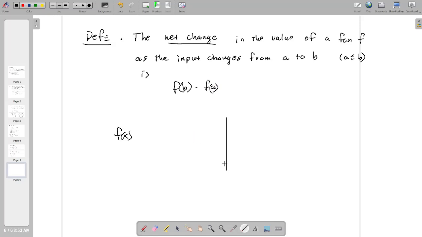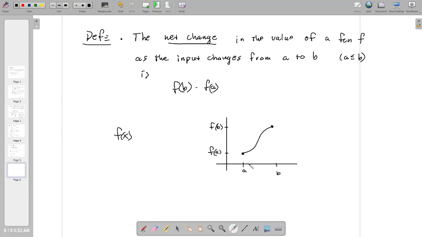Suppose that we have something that looks like this. Now, we're not going to get into graphing in this section, but we will talk about it in another section. So we have a point here and a point here. Let's say that the graph of our function looks like this.